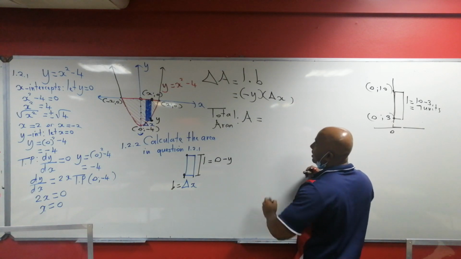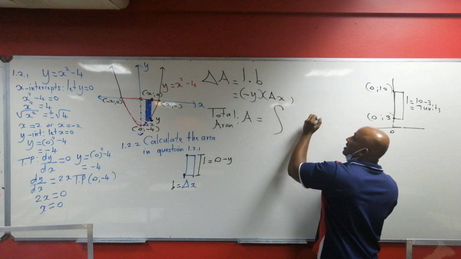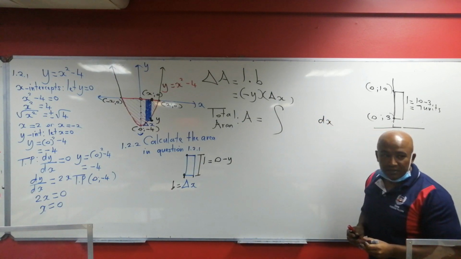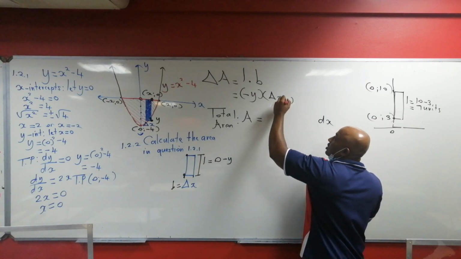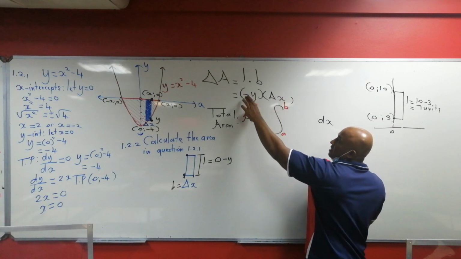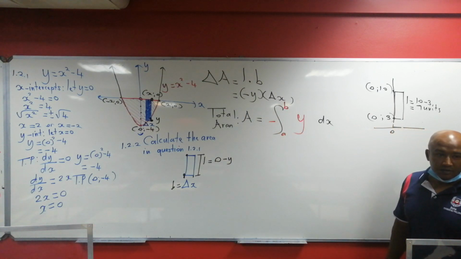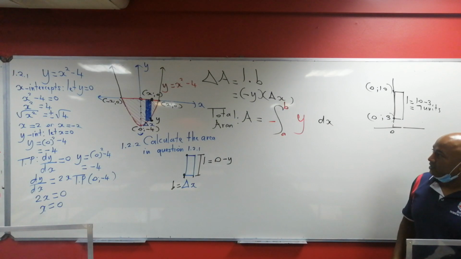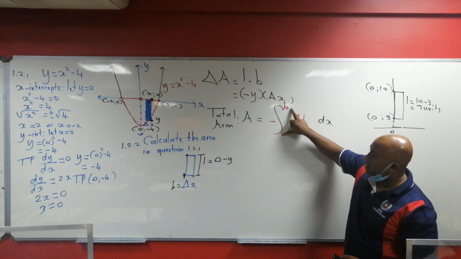Once you write down total area, now you put in your integration sign. Delta x now becomes dx. We are integrating with respect to x. We need to know what is the lower limit, where it begins, the upper limit. There's this negative sign, can stay here, and there's my y.